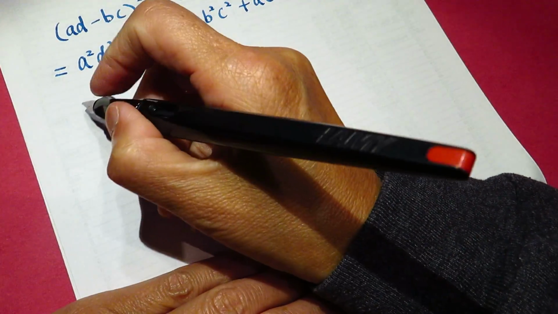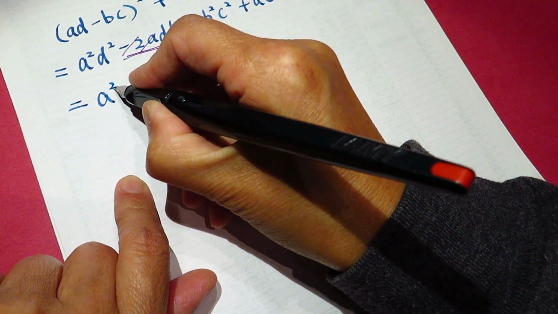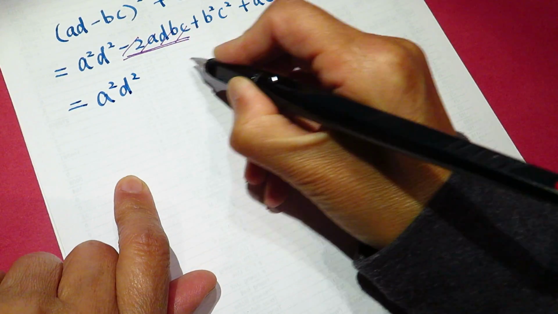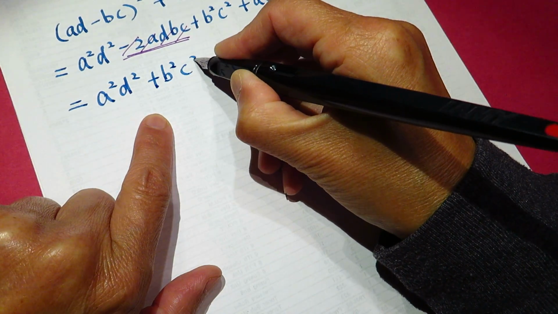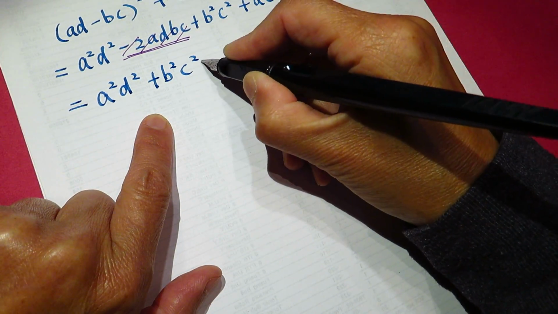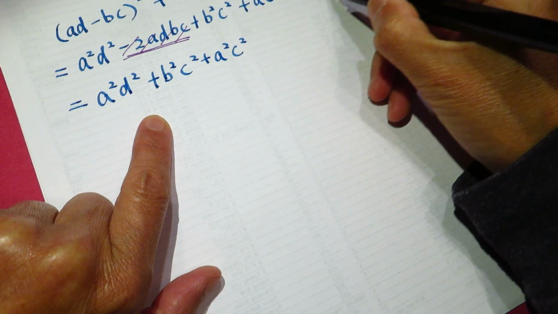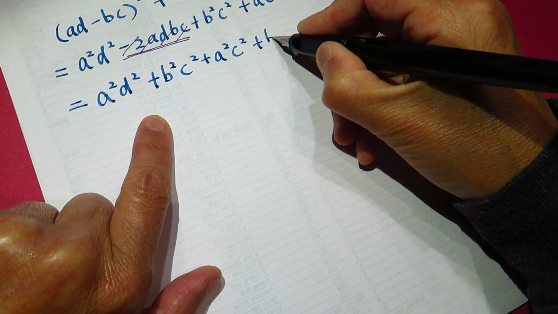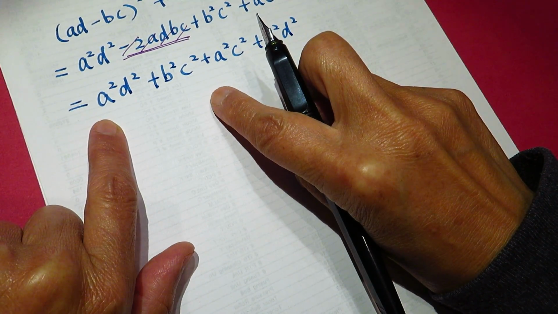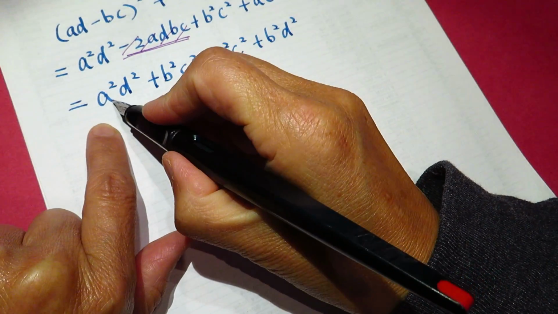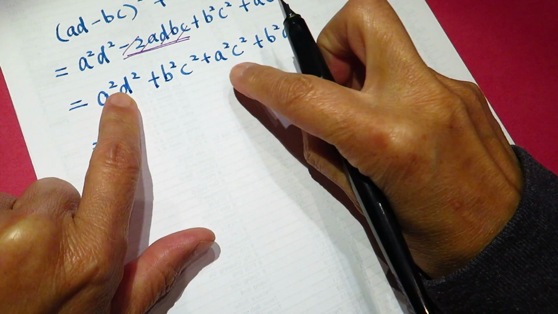So now we write it: a squared d squared plus b squared c squared plus a squared c squared plus b squared d squared. Now we collect the like terms.